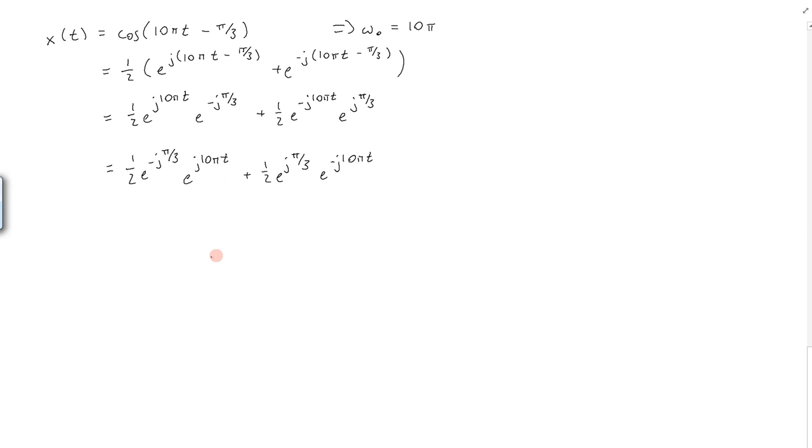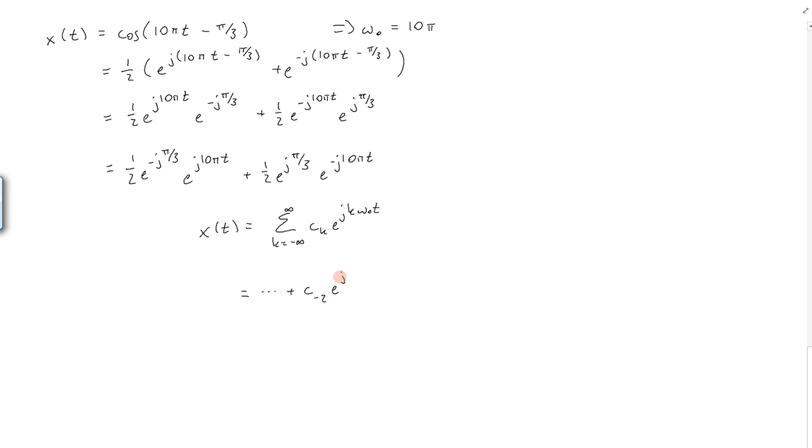Now, let's go back to our synthesis equation. We know that x of t is equal to the summation from k equals minus infinity to infinity of c sub k e to the j k omega naught t. Well, this is nice because it looks just like what we had over here. It has the exact same form. And if we write out a few of these terms, we'll skip from negative infinity up to c of minus 2. We pick k equals minus 2 over here.